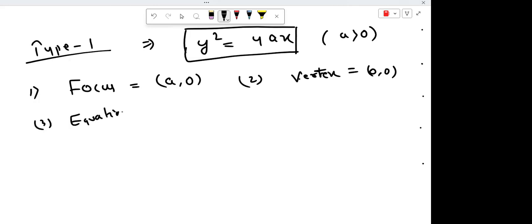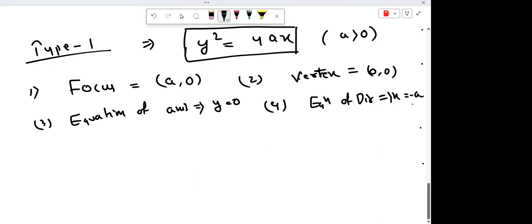Equation of axis will be y equals 0, the x-axis. And equation of directrix will be x equals negative a. One more thing, there is a fifth thing which is called latus rectum.